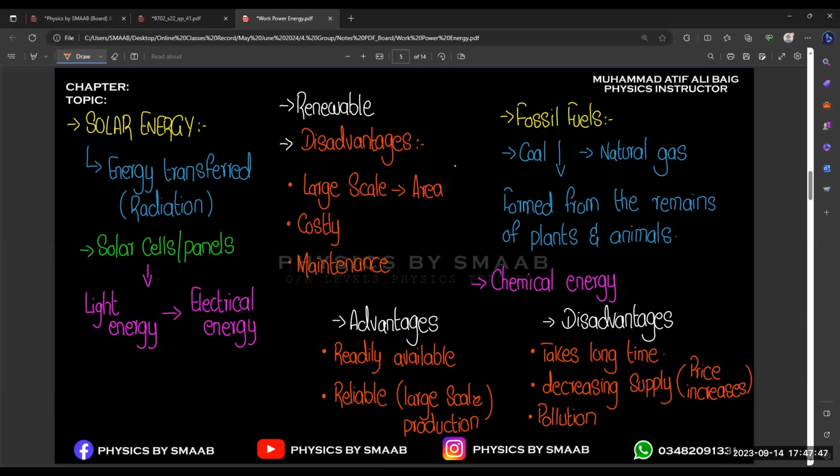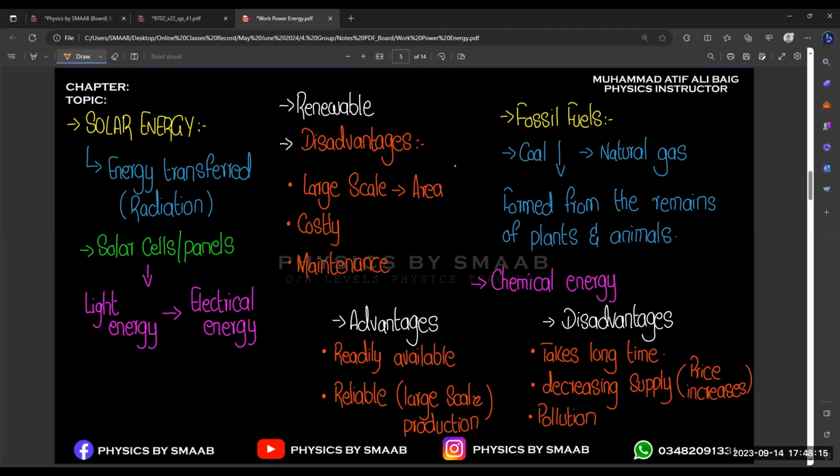Because that is going to add up in very high quantity in our atmosphere, and when the first rain comes, that will be known as acid rain, because there is a very high amount of carbon dioxide and sulfur dioxide present in our atmosphere, and with the water vapors, that is known as acid rain, right? So these are the disadvantages.